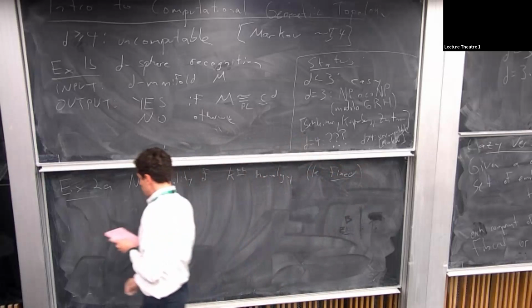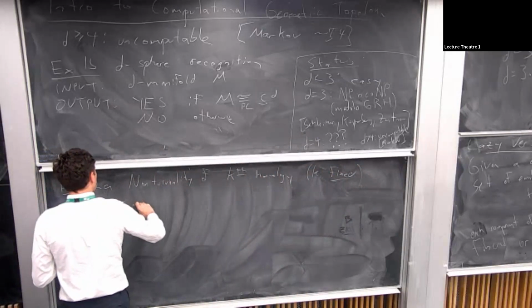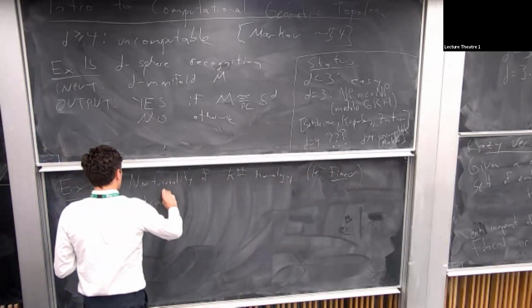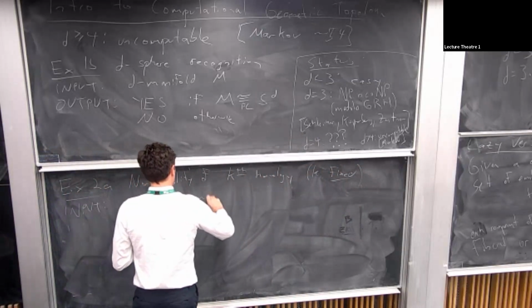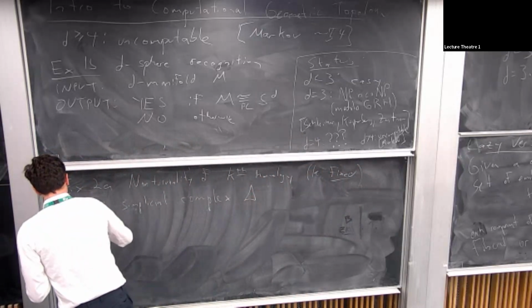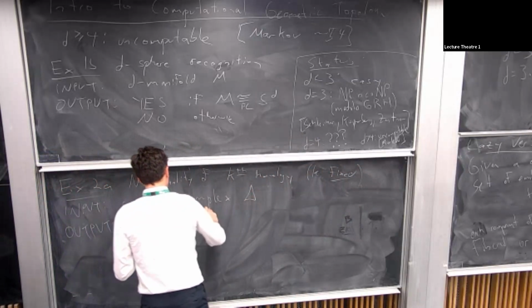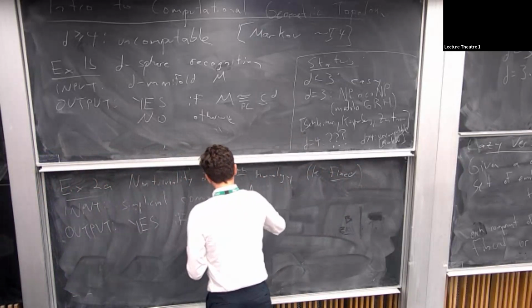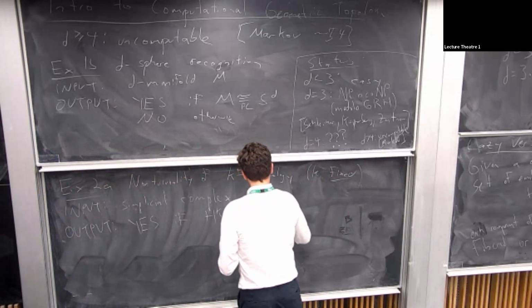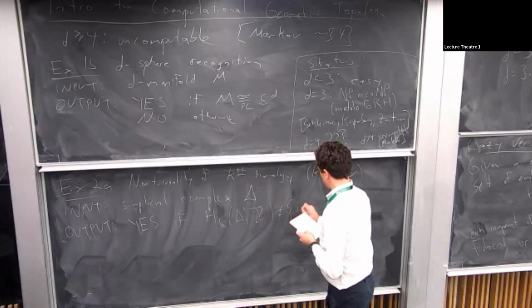So the input is a simplicial complex, it could be a manifold, I don't really care, Delta, and the output will be yes if the kth homology of Delta, with Z coefficients, whatever, is non-trivial, and no otherwise.